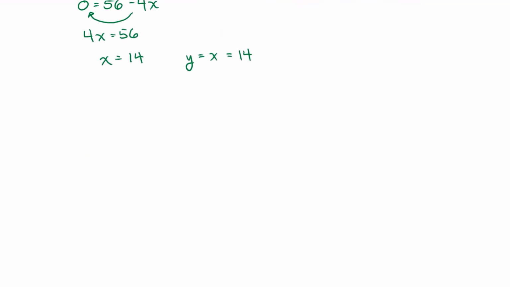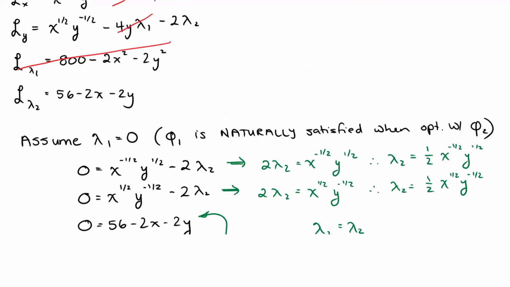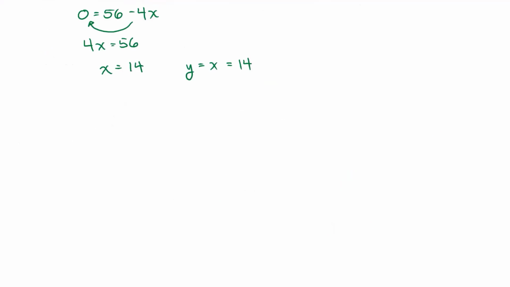So now what do I do next? Now we have to check our constraint. Here we had assumed that constraint 1 was naturally being met. So we're going to grab our constraint 1 and check it: 2x squared plus 2y squared is less than or equal to 800.